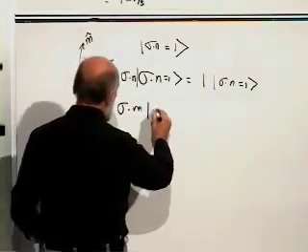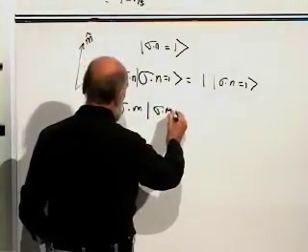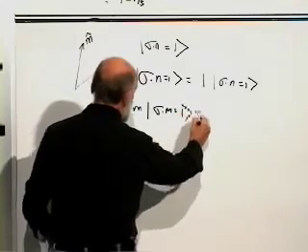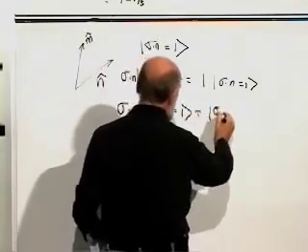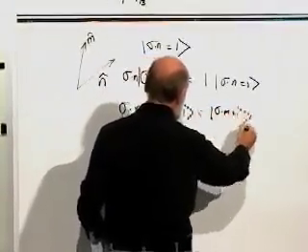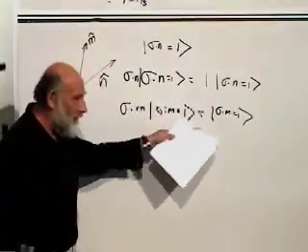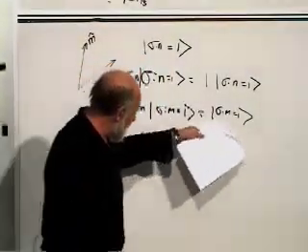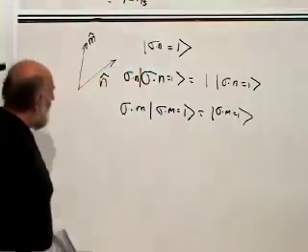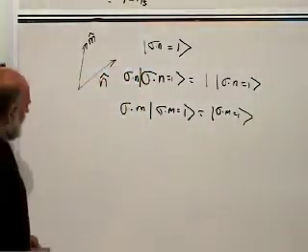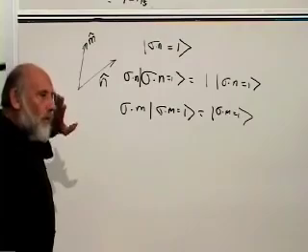Sigma dot m on the state sigma dot m equals +1 also equals the same state. This equal sign here is not an equals. It's just part of the notation labeling the vector. Okay. I could have used a simpler notation.